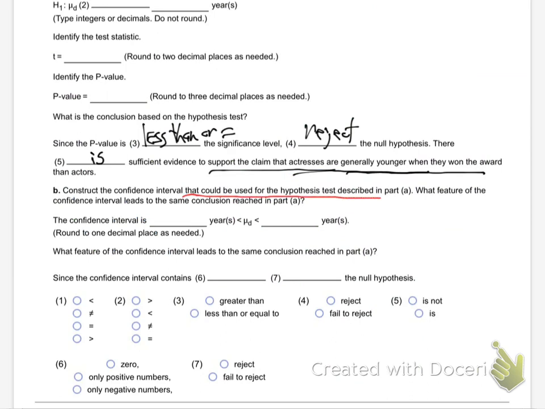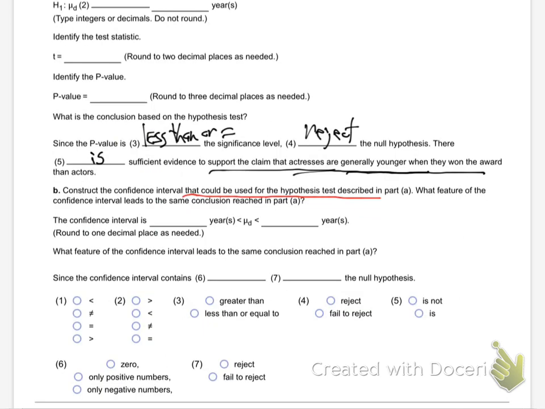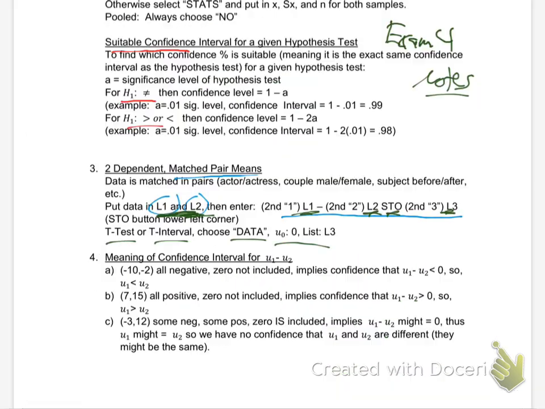Okay, so remember how we determine that. We go back here and we say suitable confidence interval. It depends on H1. What was our H1? Our H1 was less than.